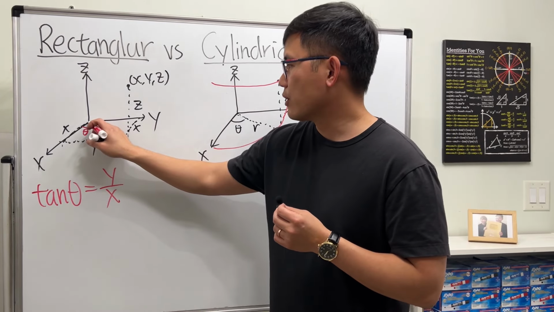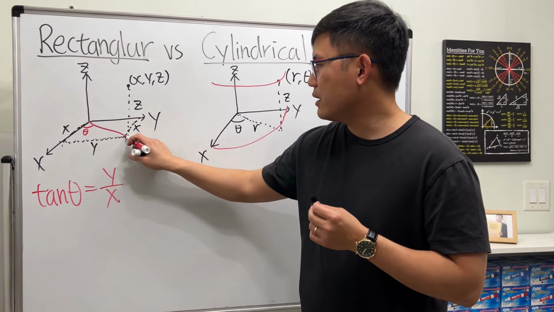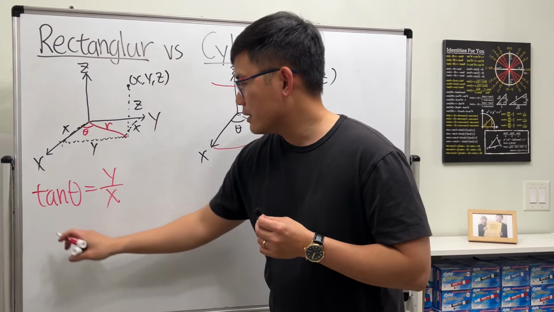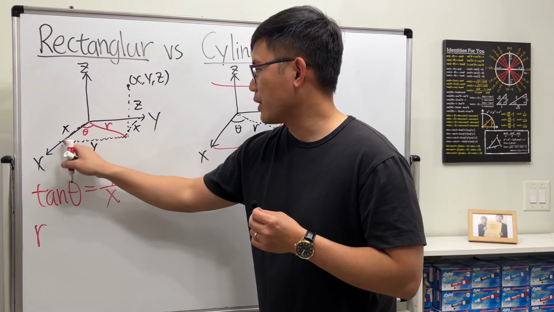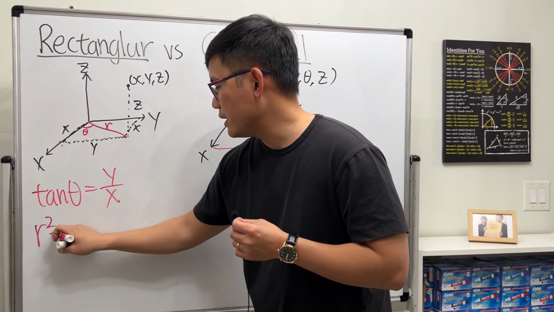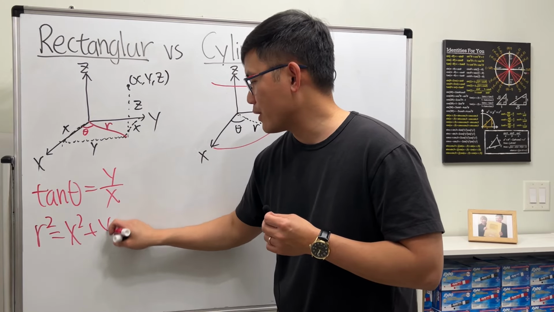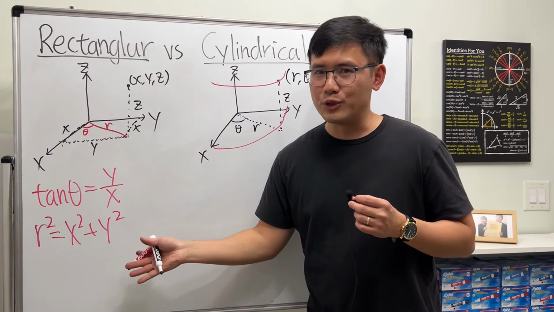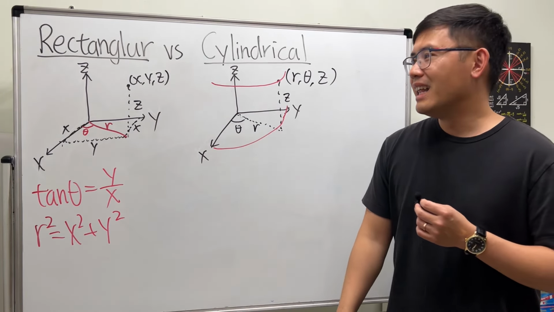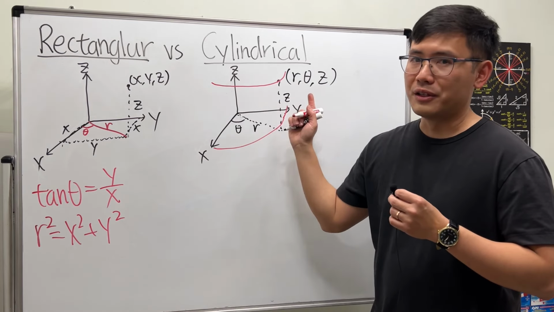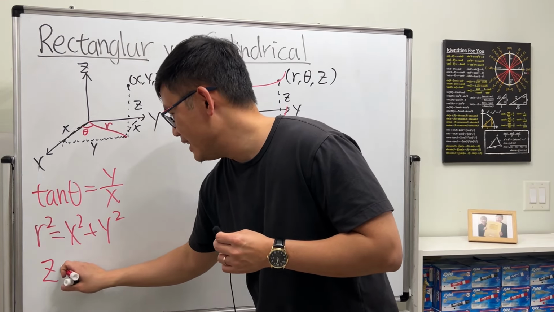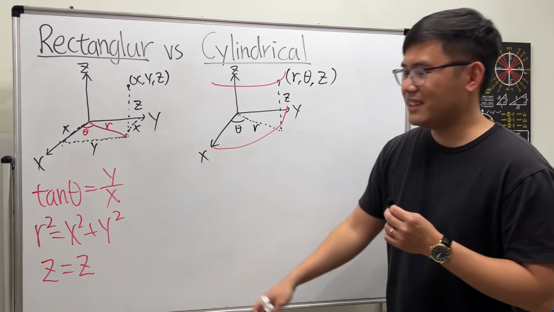And then let's talk about the r from here to here. Well, that's just Pythagorean because this right here is a right triangle. So r squared equals x squared plus y squared. It's the same conversion for the 2D case as well. Lastly, z and z are the same. So z equals z. Done deal.